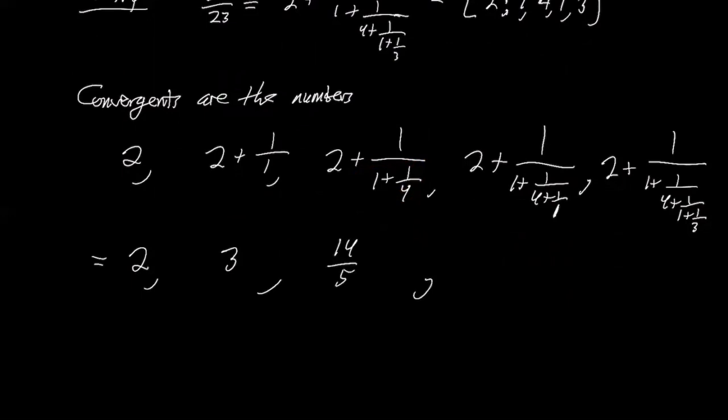This one is, we get 5, 1 fifth, 6 fifths, 5 sixths. 2 plus 5 sixths is 12 sixths plus 5 sixths is 17 over 6. 17 over 6. That's an interesting number. Might look back to earlier videos, just think about why. And then we get 65 over 23. So these are the convergents.